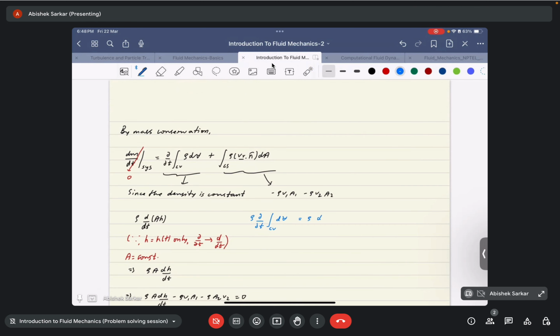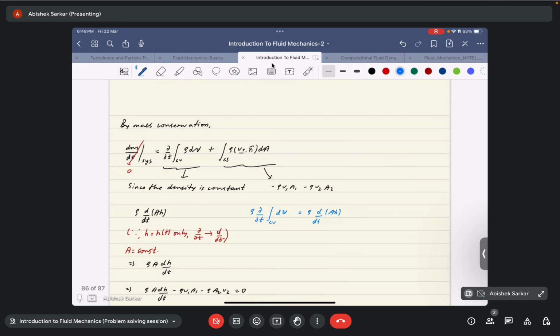rho d by dt of A into H. Okay. Now you may ask why we have changed the partial derivative to a complete derivative. Because the area remains constant, right?